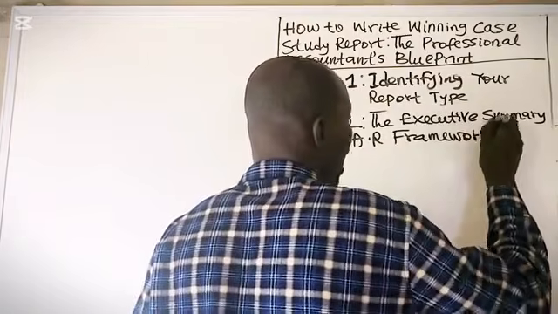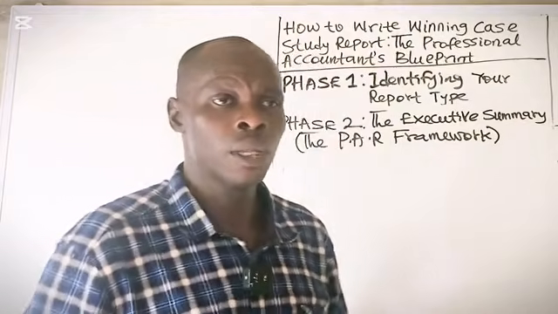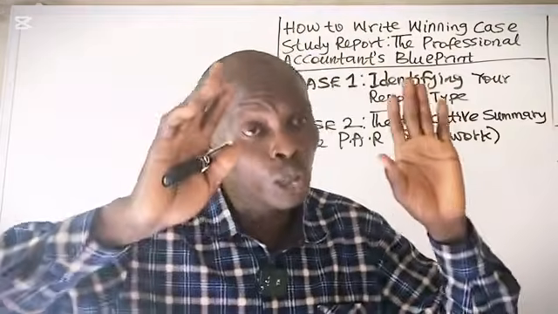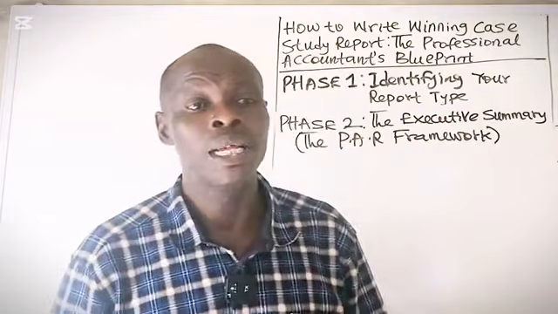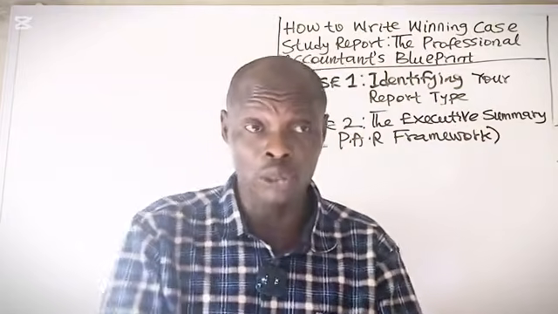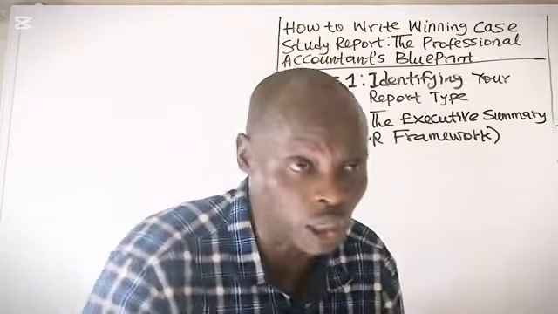Make use of the PER when you are writing your executive summary. The executive summary is a standalone document. It is not a conclusion. It is a high-level briefing note.